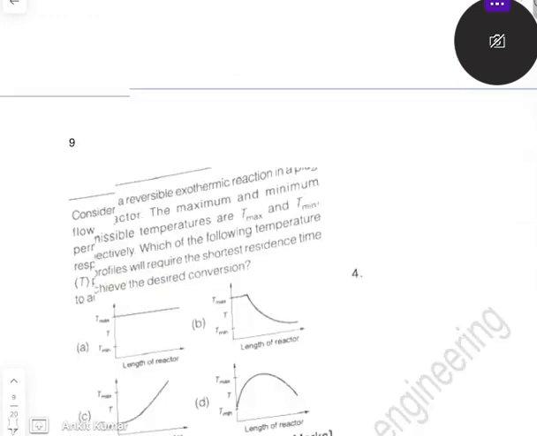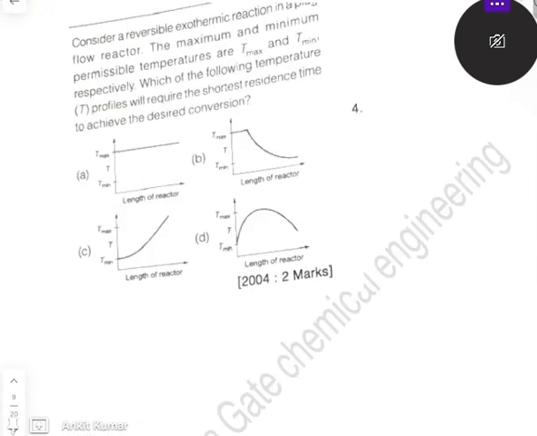Okay, that's it. Now the next question is similar to the previous question that I have just discussed. Consider a reversible exothermic reaction in a plug flow reactor. The maximum and minimum permissible temperatures are T max and T min.